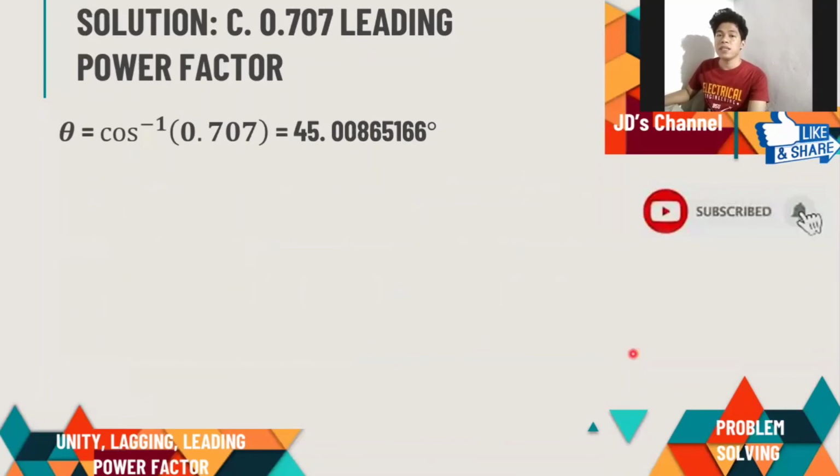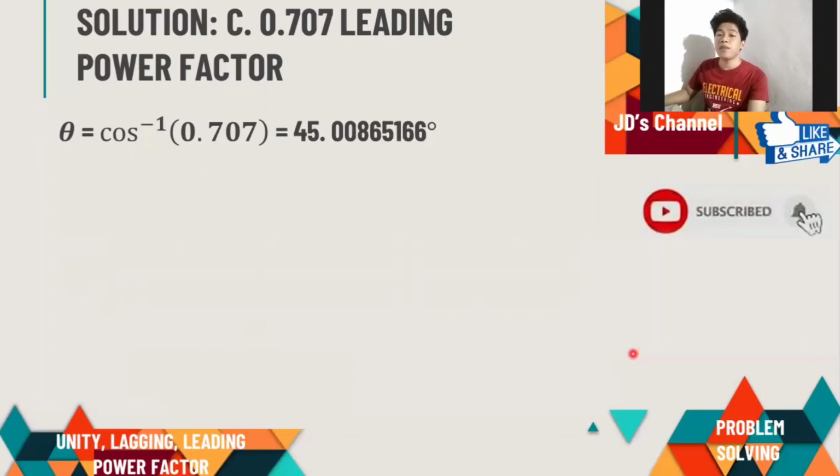For letter C, katulad ng ating nagawa sa letter B, we first get the theta that will be substituted dun sa ating formula. Here, we have 0.707 leading power factor, and then we take the cosine inverse to get the theta.